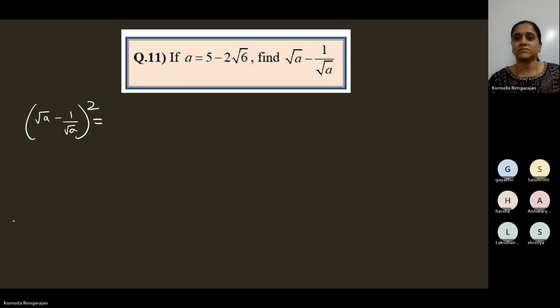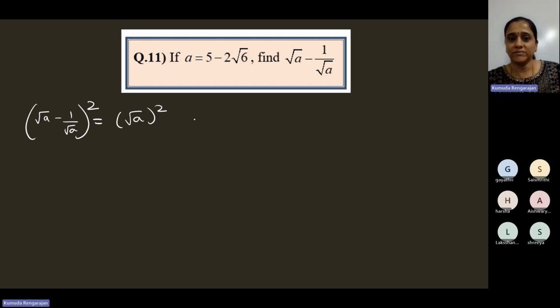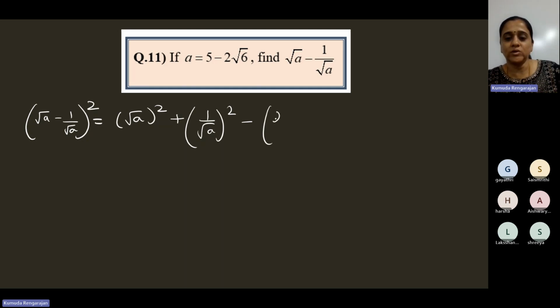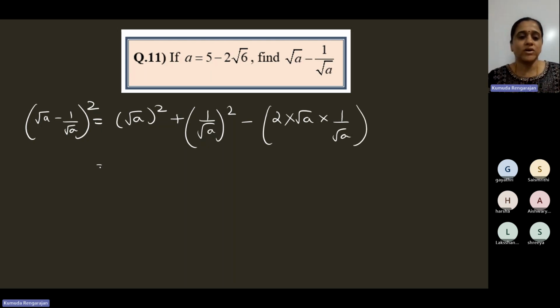It is root a the whole square plus 1 by root a the whole square minus 2 into root a into 1 by root a. Correct? So what is root a the whole square? A. What is 1 by root a the whole square? 1 by a. And the root a terms cancel out, so minus 2.